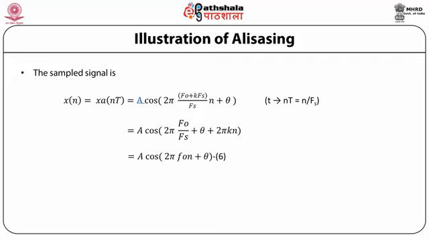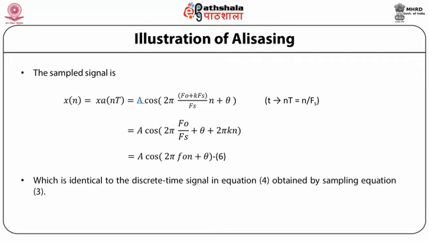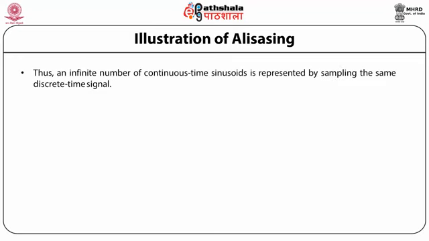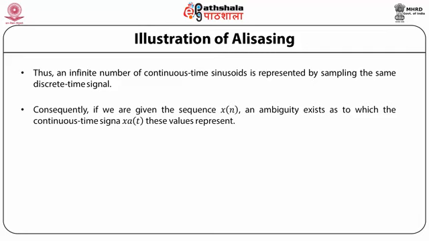Now here, capital F naught by capital Fs is replaced by small f naught, which is identical to the discrete time signal in equation 4 obtained by sampling equation 3. Thus, an infinite number of continuous time sinusoids are represented by sampling to the same discrete time signal. Consequently, if we are given the sequence x(n), an ambiguity exists as to which continuous time signal x_a(t) these values represent.